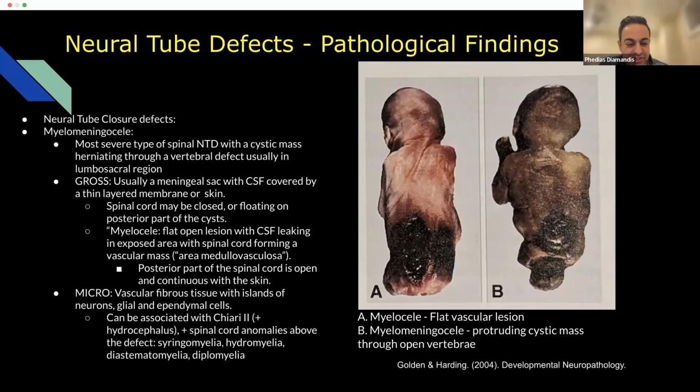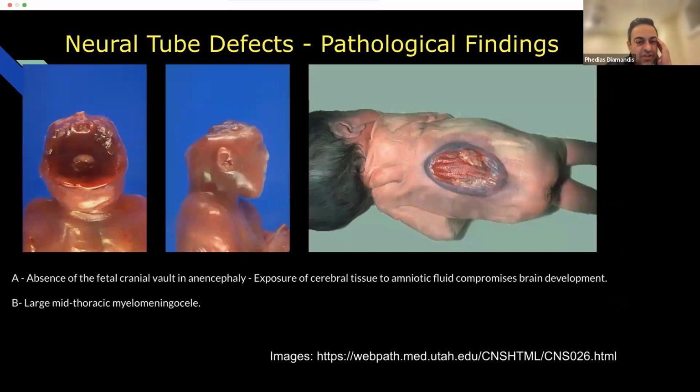There could be other associated things higher up, syringomyelia, hydromyelia, diastematomyelia, diplomyelia, again suggesting that some sort of traction or defect could be pulling on during development and lead to these defects higher up.